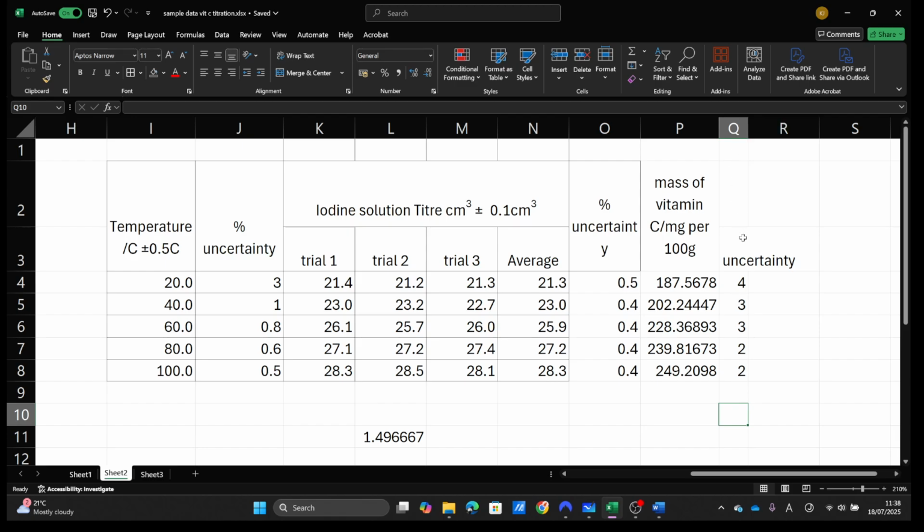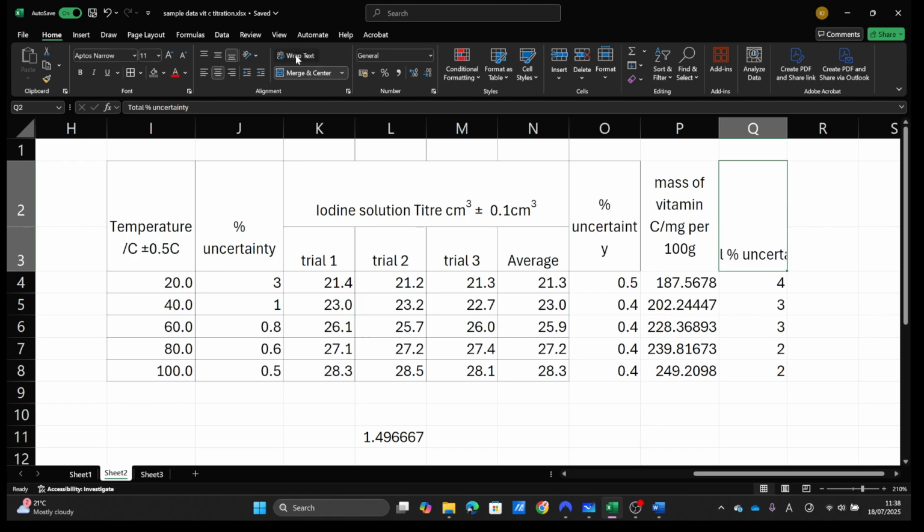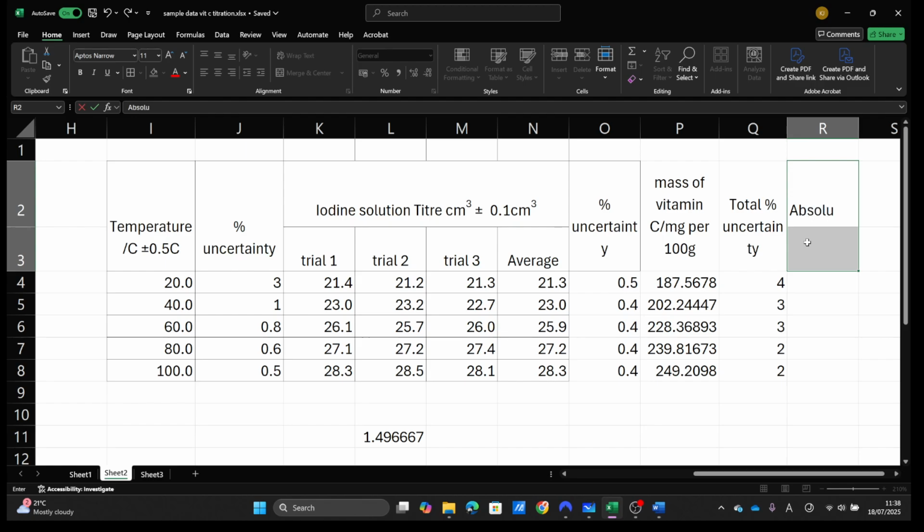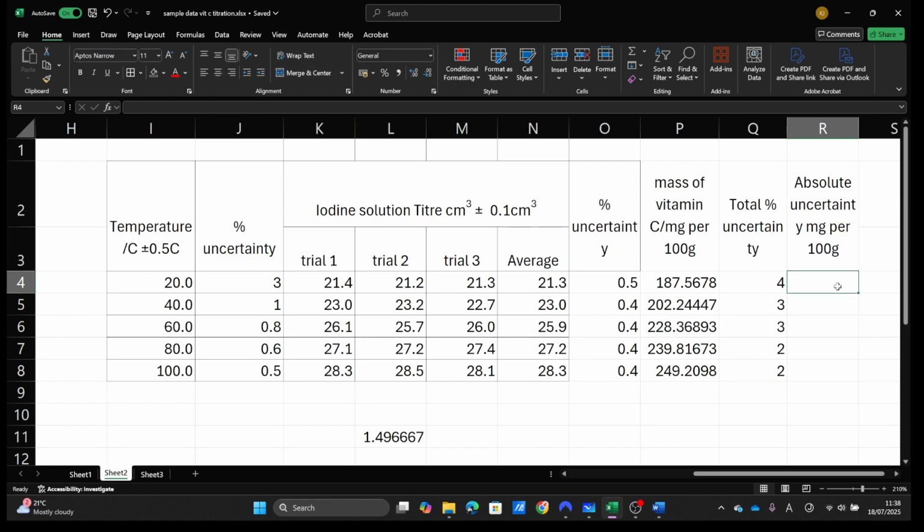Okay, so that's my percentage uncertainty, or my total percentage uncertainty. Let's merge and wrap again, and then I need to do my absolute. So having done it in a percentage, I now need to convert back into the units that it's in. So this is going to be milligrams per 100 grams of the food. And let's just merge and wrap again. There we go. So to do this, I need to find 4% of this.